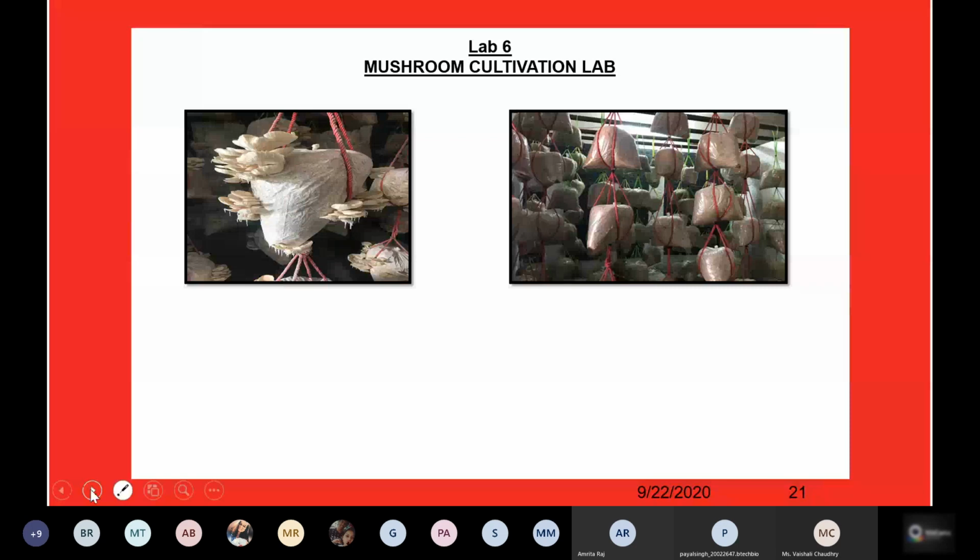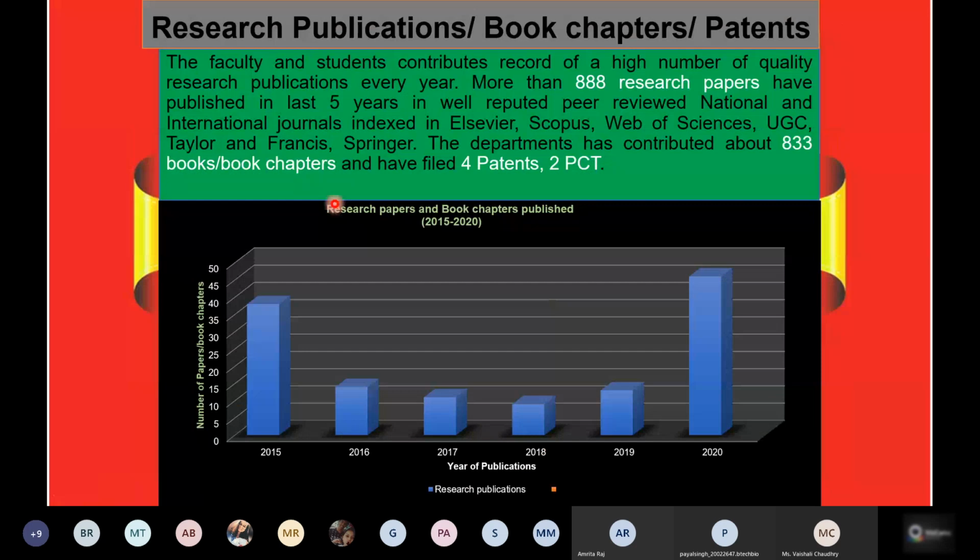Yeah, so this slide is showing the research in our department, and we have published more than 888 research papers in the last 5 years, with 833 books and book chapters. 4 patents have been filed, 2 PCTs, right?